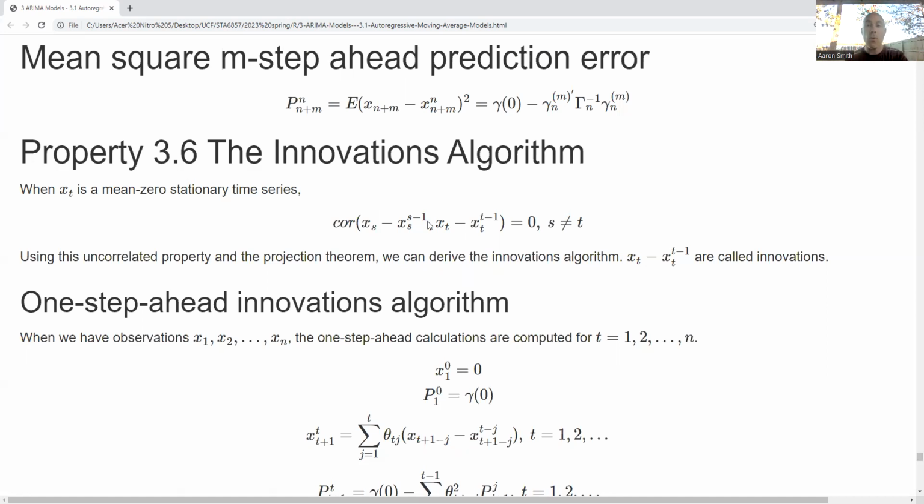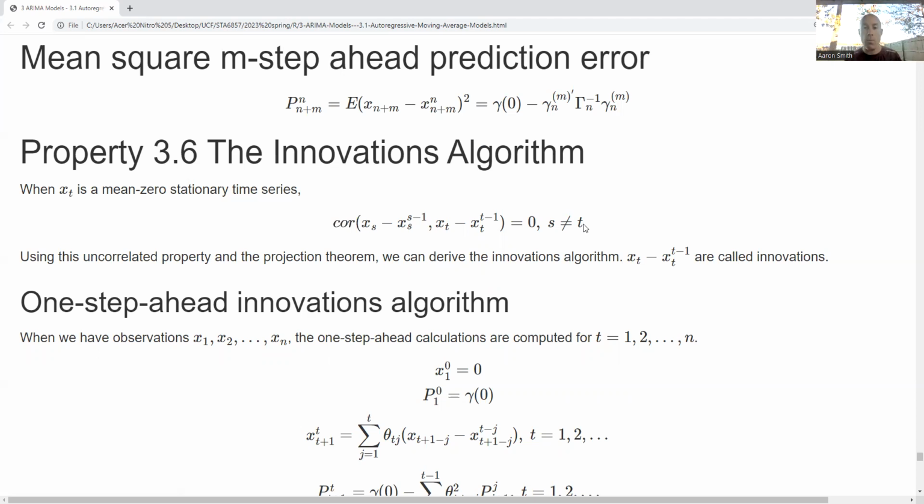It's going to work out that when the points in time are different, the correlation will be equal to 0. Using this, we can derive the innovations algorithm, which is a homework problem.